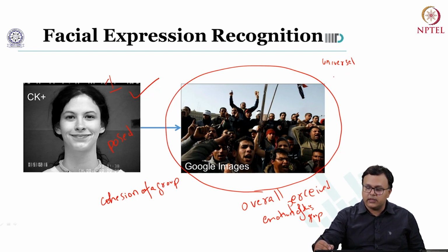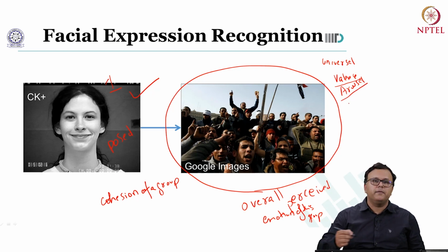You can also use the valence and arousal continuous emotions, right? We have seen in the earlier lectures, we can use this valence and arousal to indicate the emotion and its strength, positive or negative. Now, if you have a video of a group of people, you can then indicate what is the primary emotion and then what is the intensity, right?